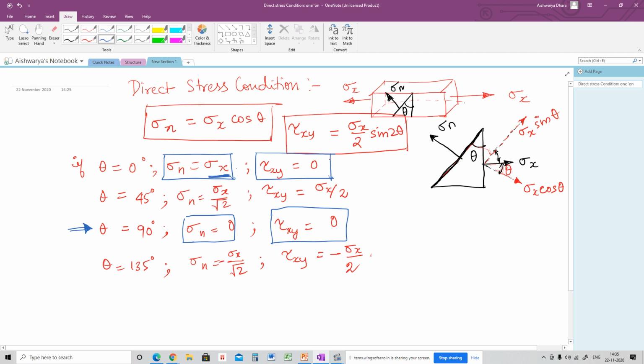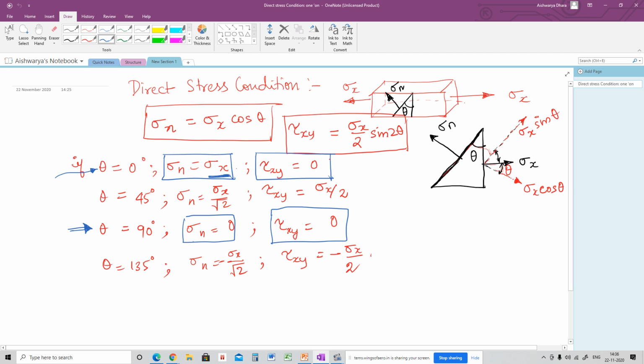So what will be the principal angle? It has to be 0. Sorry, 0.